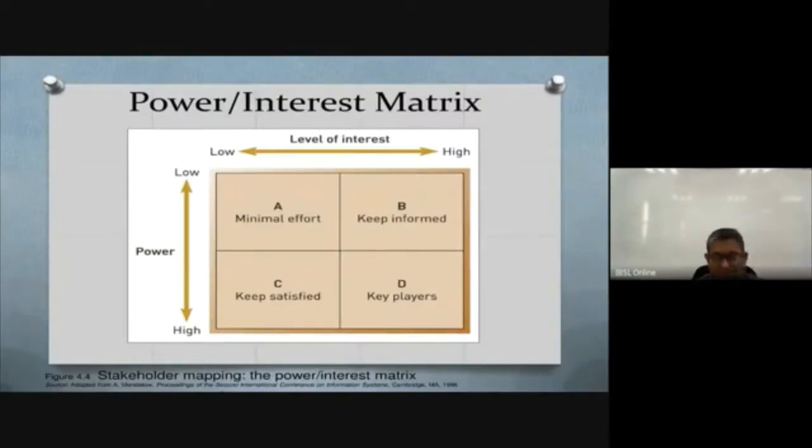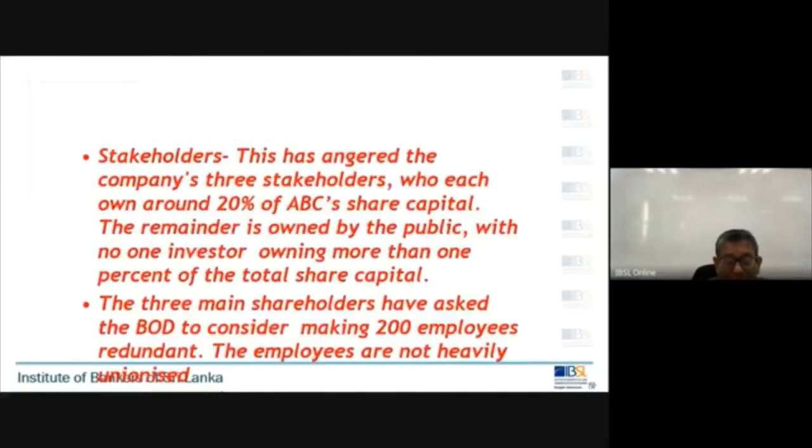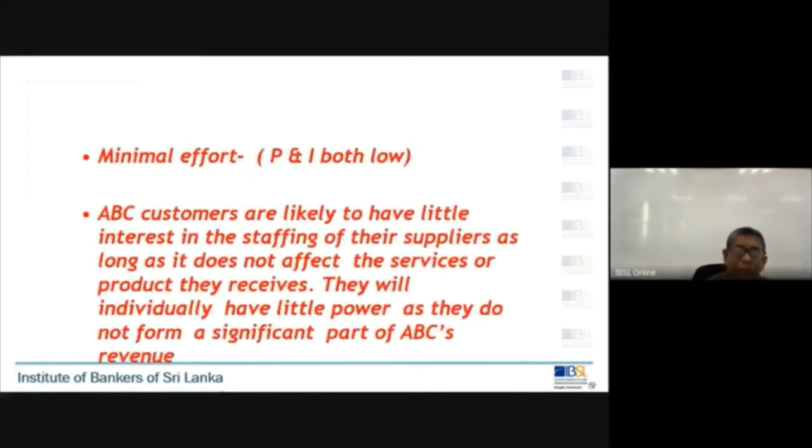They are given some situation. You are asked to put them into this slot based on their importance, based on their power and interest. Then you can sort out a lot of issues. Right? Let's look at it now.